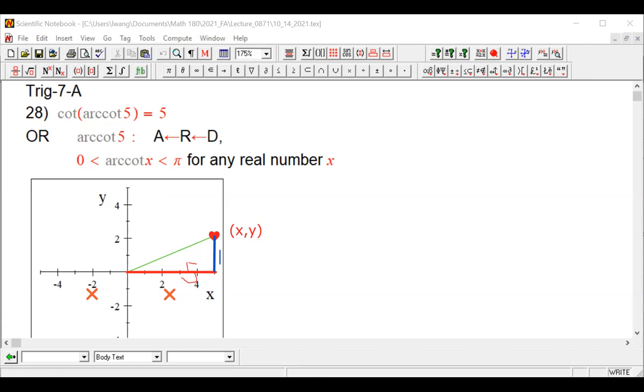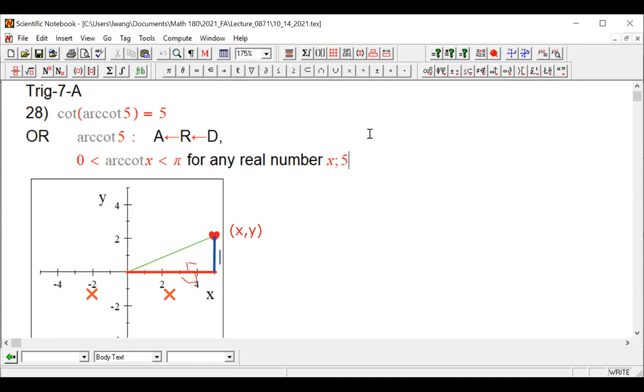Okay. Professor, I have a question about the graph. So the y is what? Is it 2 or 1? Y is 1. On the graph, it looks like 2. I was confused.